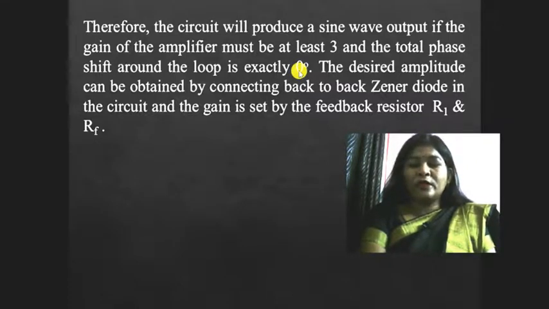The desired amplitude can be obtained by connecting back-to-back Zener diodes in the circuitry, and the gain is set by the feedback resistors R1 and RF.